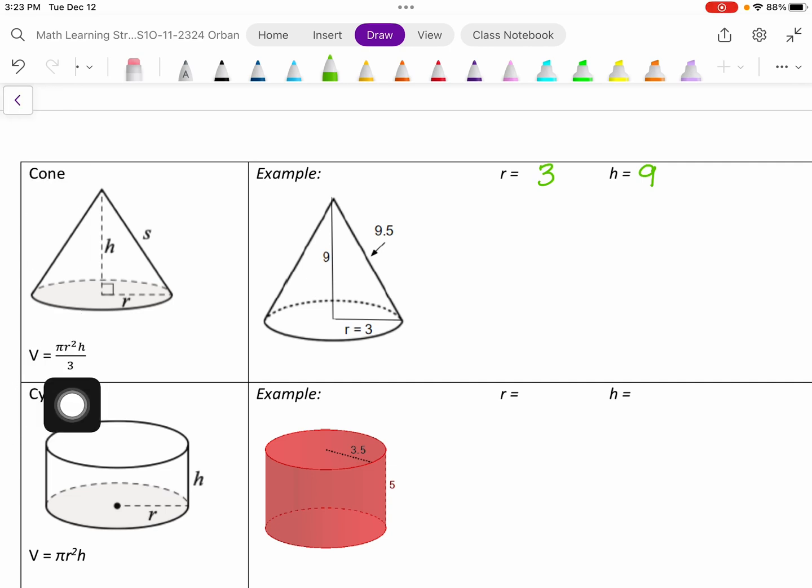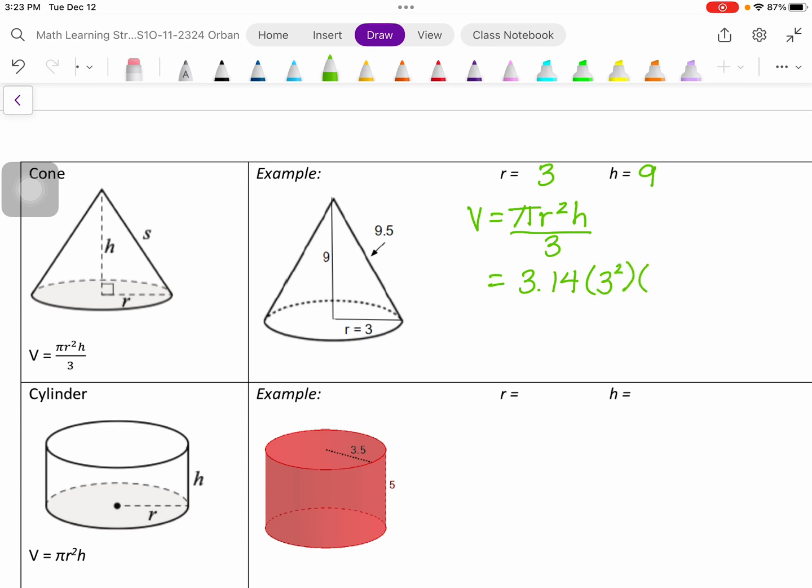And we can see the volume of a cone is equal to pi times r squared times h divided by 3. Pi is 3.14. Our radius is 3. We need to square that, and then we'll multiply by the height, which is 9. And then divide all of that by 3.